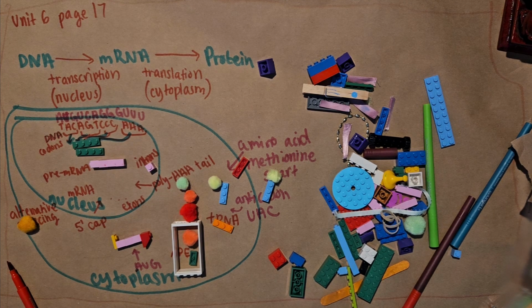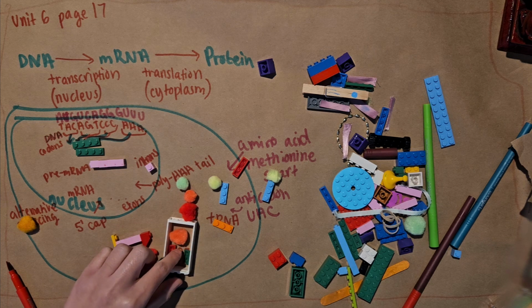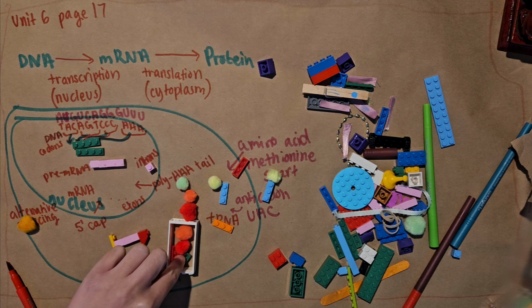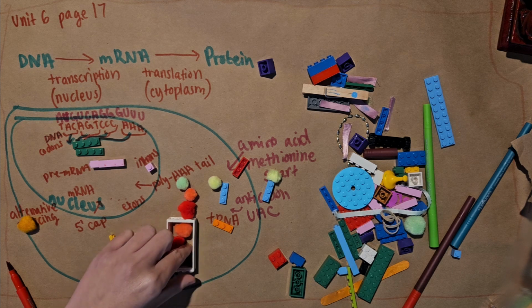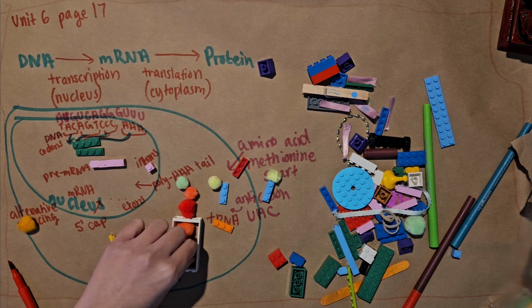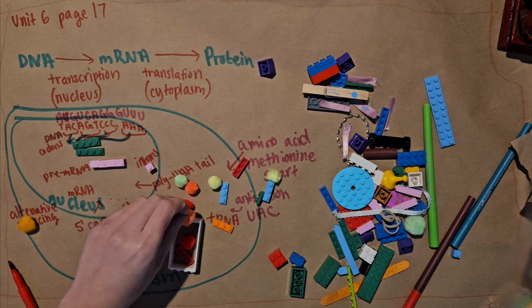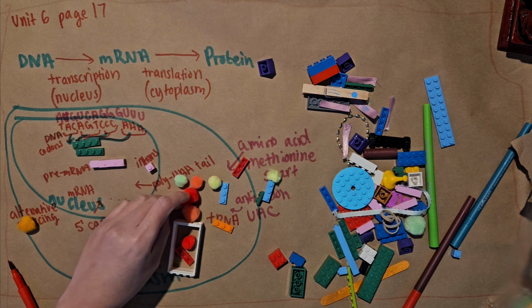Let's say another one comes down with another amino acid, to the A side again. There we go. This green one will exit on the E side. And then this will slide down, and then the chain again elongates.